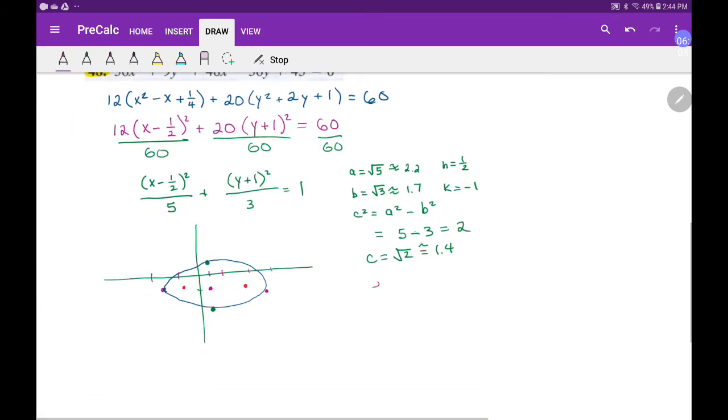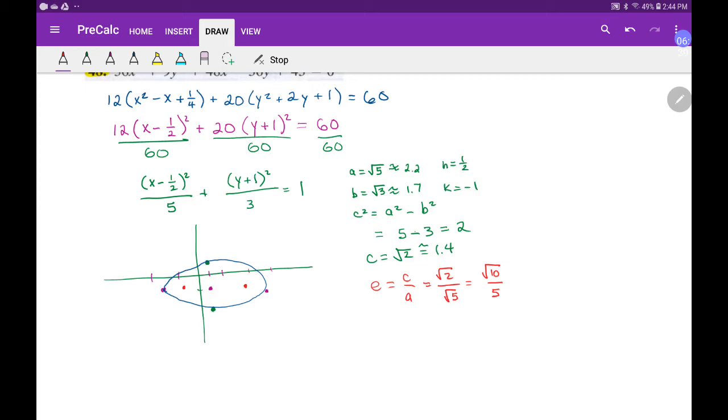The eccentricity is e equals c over a, I think. And so that's the square root of 2 over the square root of 5. And so I'm going to have the square root of 10 over 5.